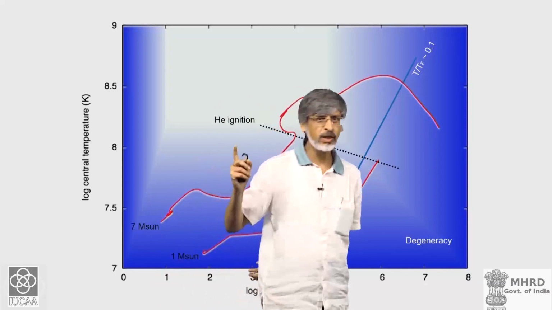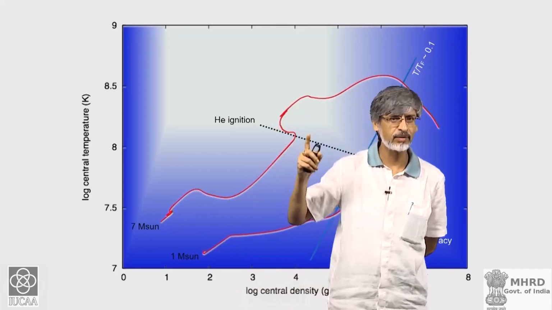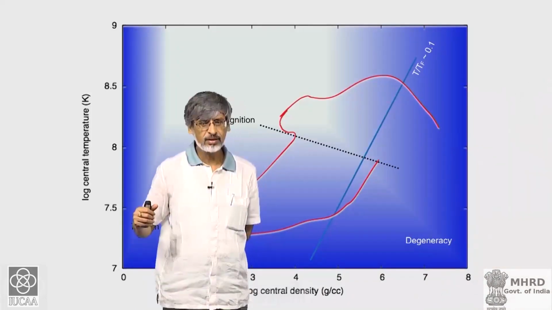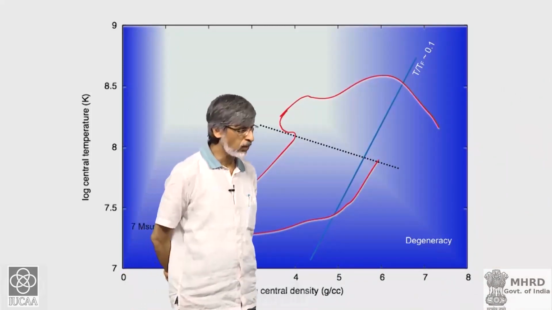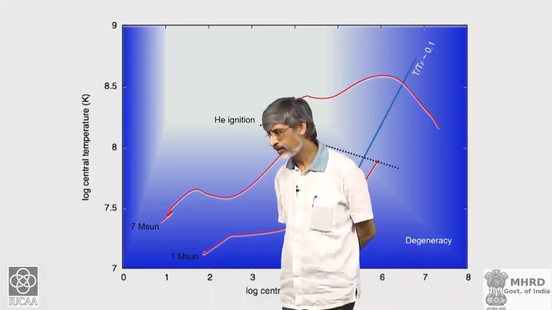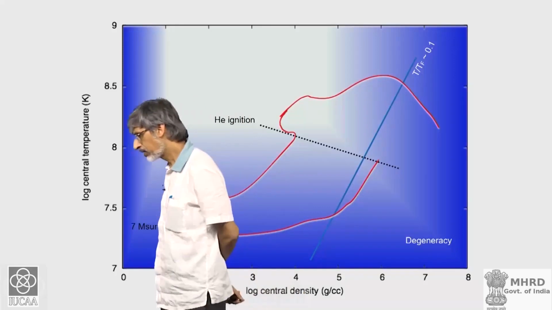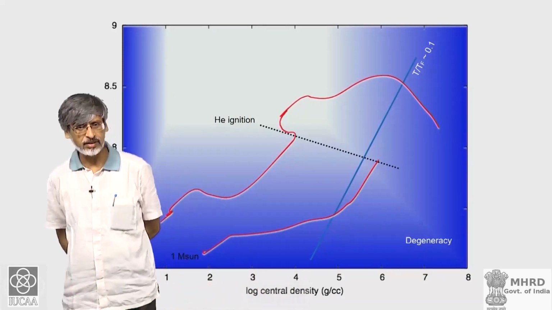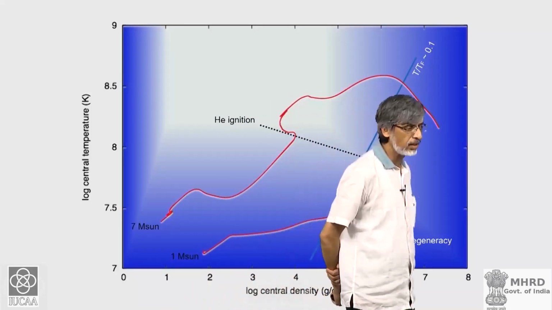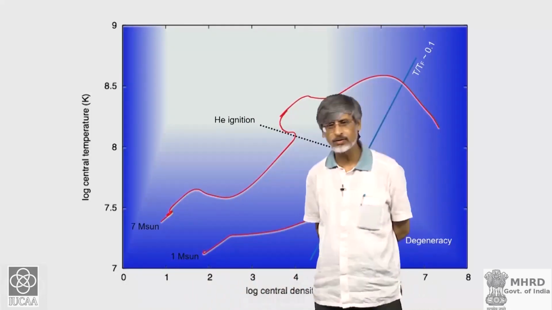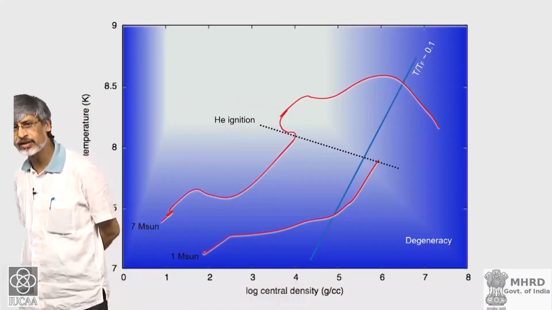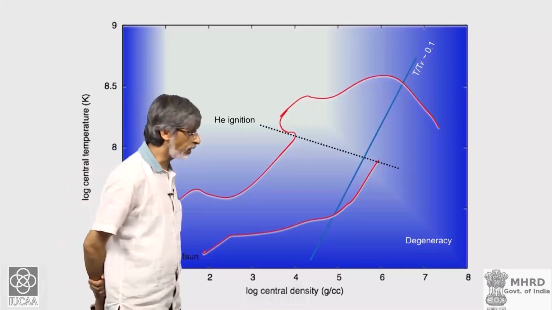Matter is weakly degenerate on the left side of the diagram and strongly degenerate on the right side. Remember, the core was continuing to contract because the thermal energy, which was providing support against gravity, was continuing to leak out, and not getting replenished by nuclear burning, so the core was continuing to collapse.